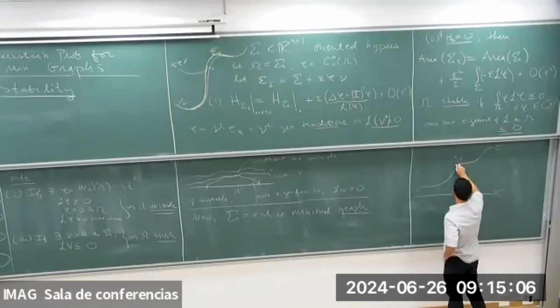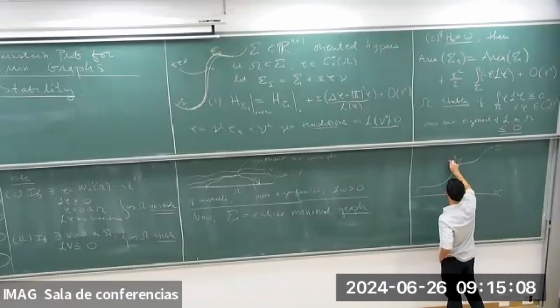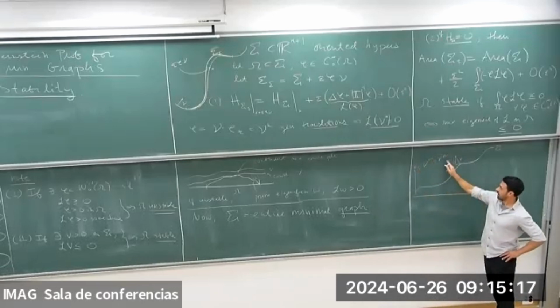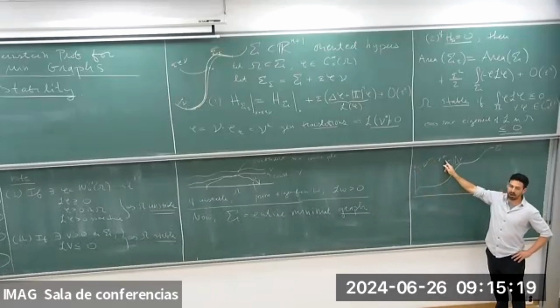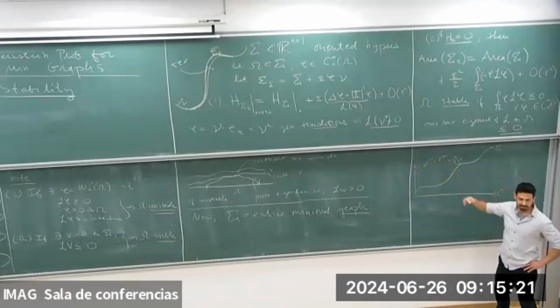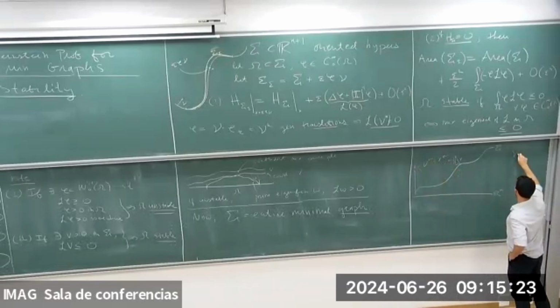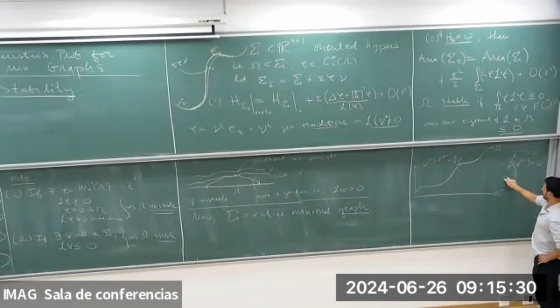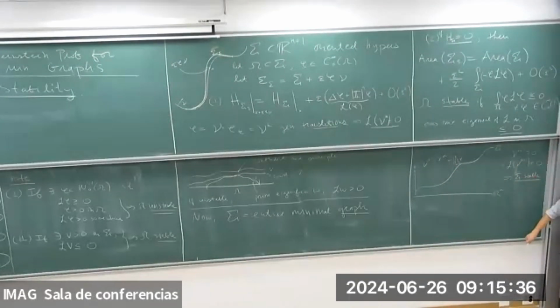So this guy here is a solution of the Jacobi operator, which is positive, so that's stability. Just reminding you of the fact that graphs are stable.